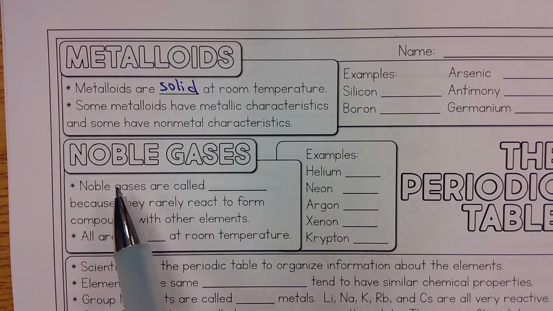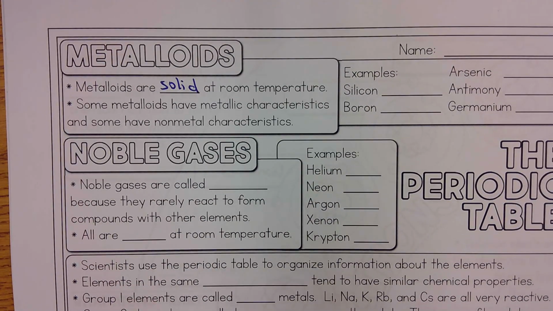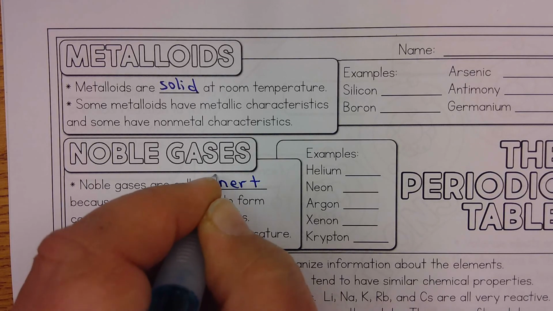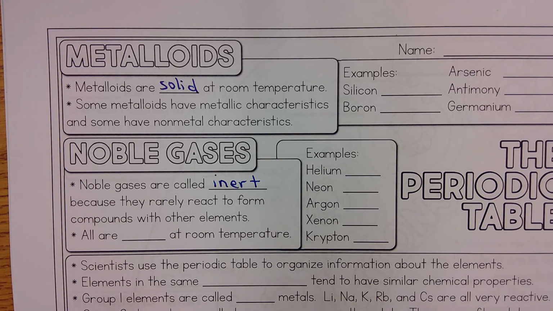The other important category we want to talk about are these things called noble gases. They are called inert, I-N-E-R-T, because they don't really react with anything else. As you will see in the next unit, they have a full outer shell of electrons, and so they won't really react with anything.